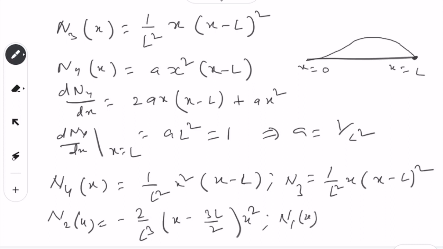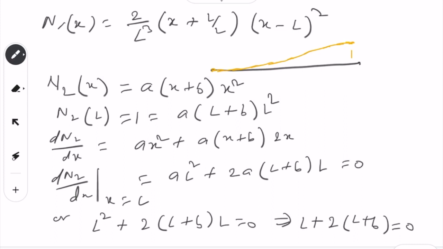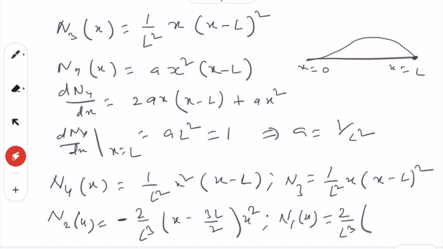Then N1(x) is also equal to, okay, this is a minus here, remember, 2 over L cube, and then we have x plus L over 2, and then we have (x minus L) square.